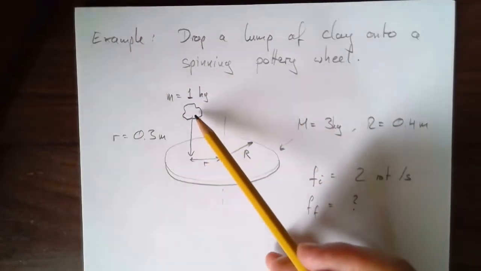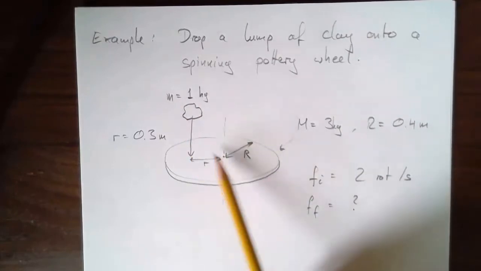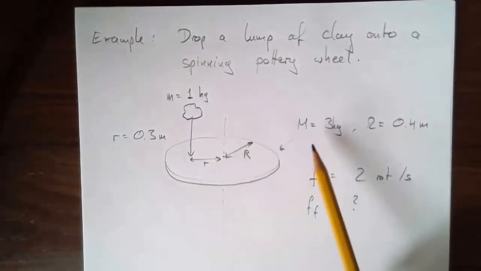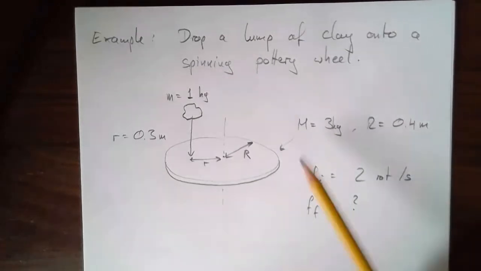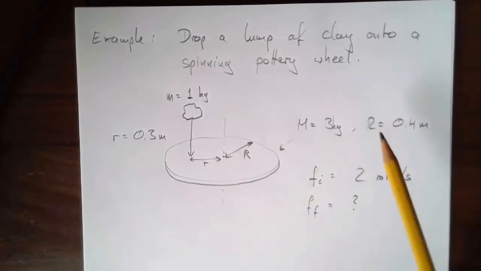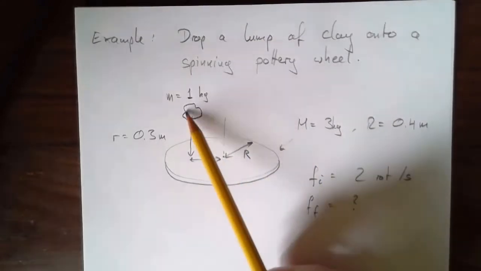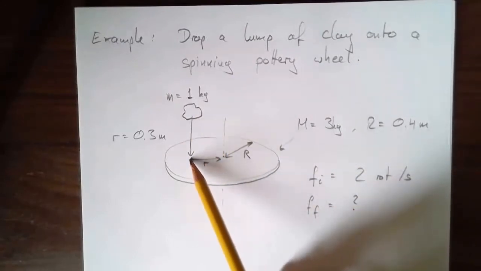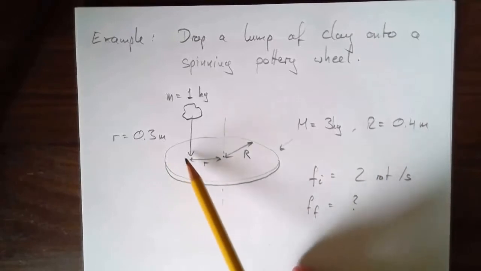Anyway, it's a 1 kilogram lump of clay. I'm going to call this little m, mass m. And I'm going to imagine my wheel has a mass of 3 kilograms. I don't actually know if those are accurate values, 3 kilograms for a pottery wheel, but let's just go with it. I imagine this is a radius of 0.4 meters. And I imagine I drop this lump of clay at distance 0.3 meters from the center, so about 3/4 of the way to the edge.